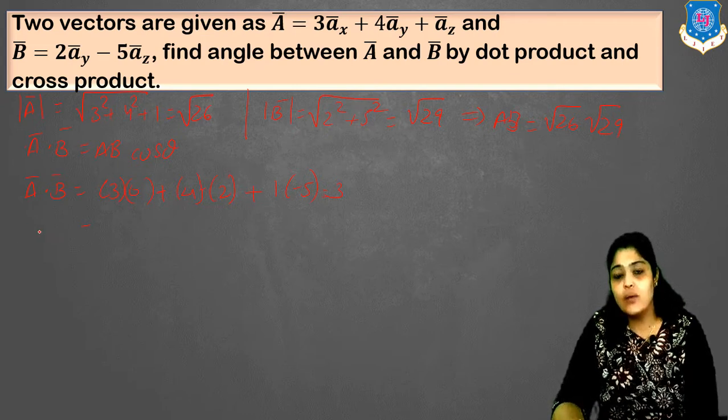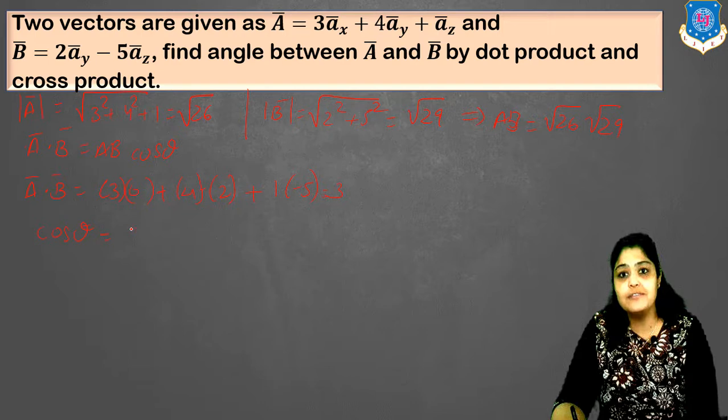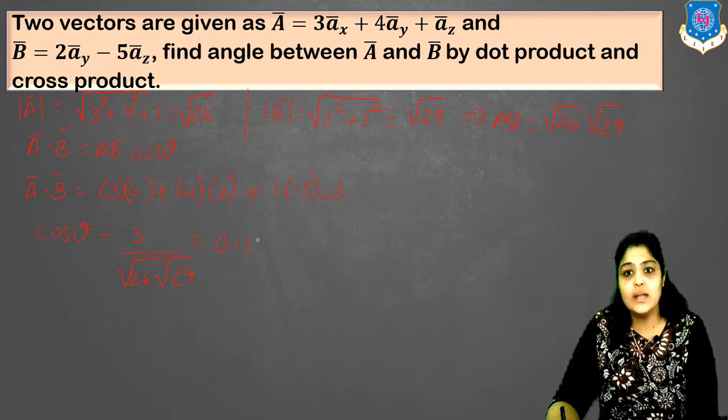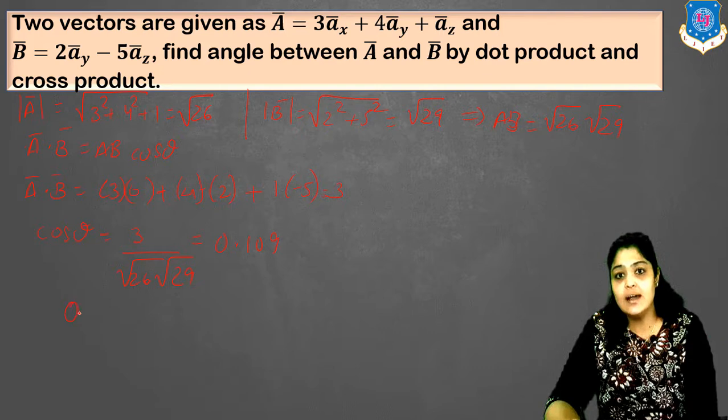Clear? So now I can write cos theta as 3 upon under root of 26 into under root of 29, which gives cos theta as 0.109. So theta I get is around 86.7 degrees.